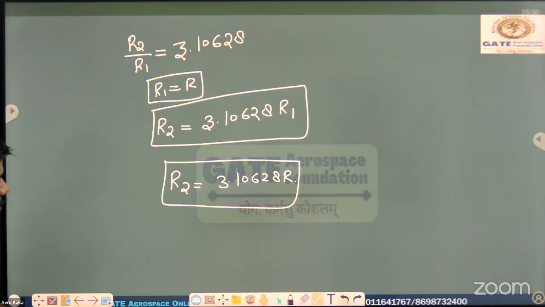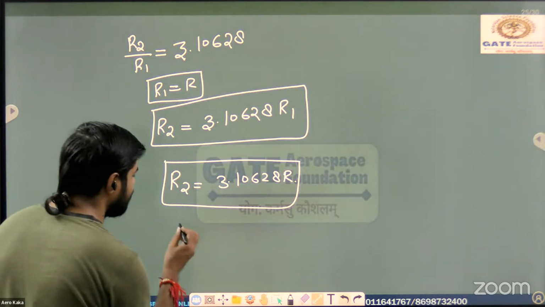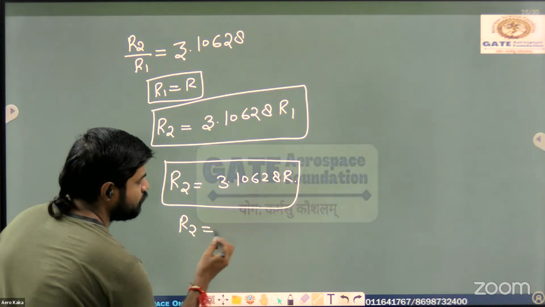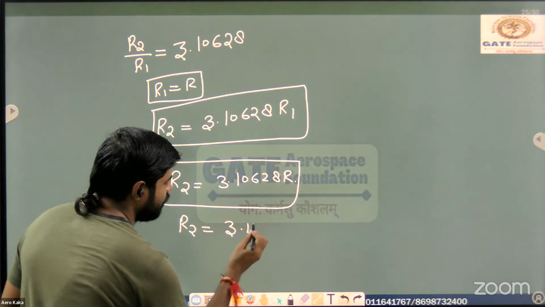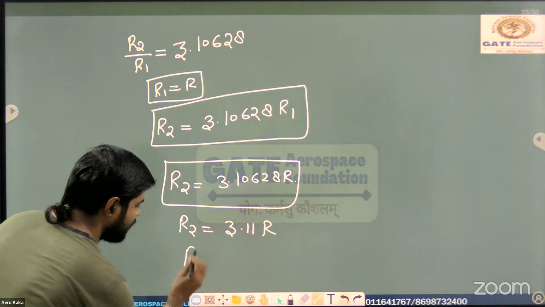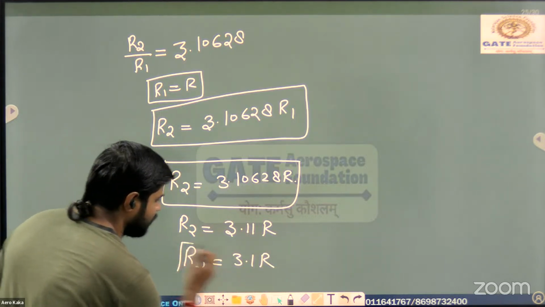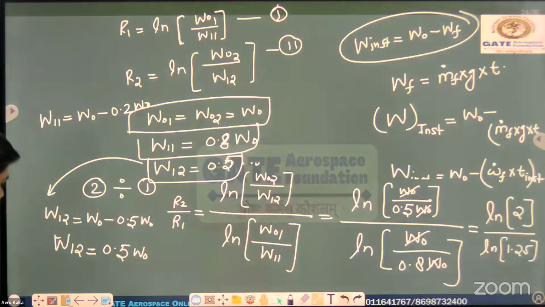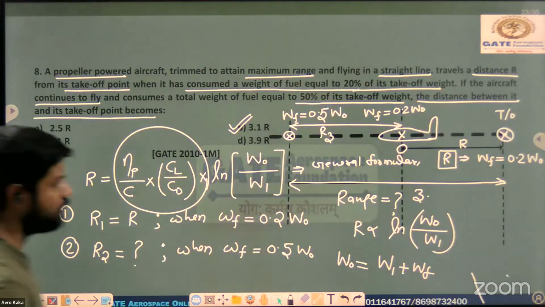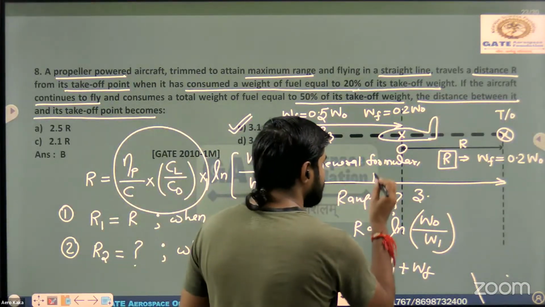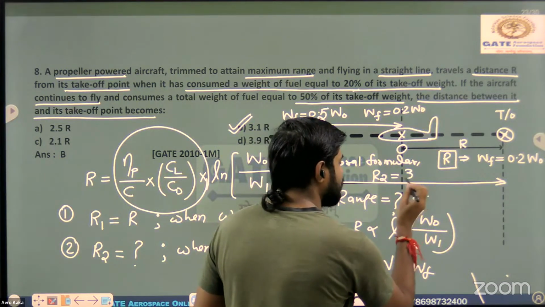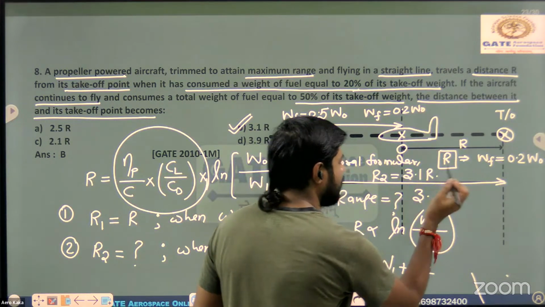How much are you getting? 3.10628. If you want to write up to 2 decimal points, you can write 3.11 R. Up to 1 decimal point, R2 is equal to 3.1 capital R. So let me show you in this diagram. This R2 you are getting is 3.1 times this capital R, right?